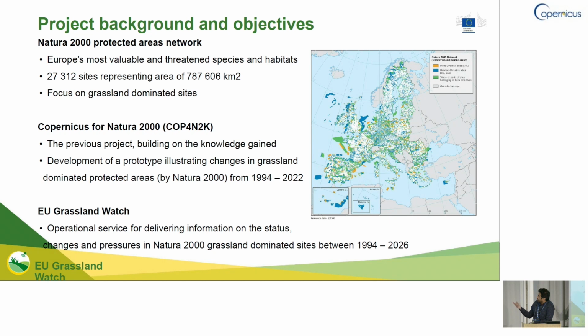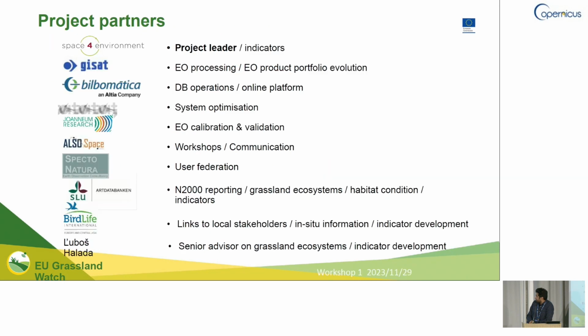So we have a large area to monitor, and this is an extension of a previous project which was called COP4N2K. The aim of this project is to develop on the existing methodology that was developed in the previous project, and also use the OpenEO platform in cooperation with VITO, and use as much as possible the existing datasets that are available within Copernicus.